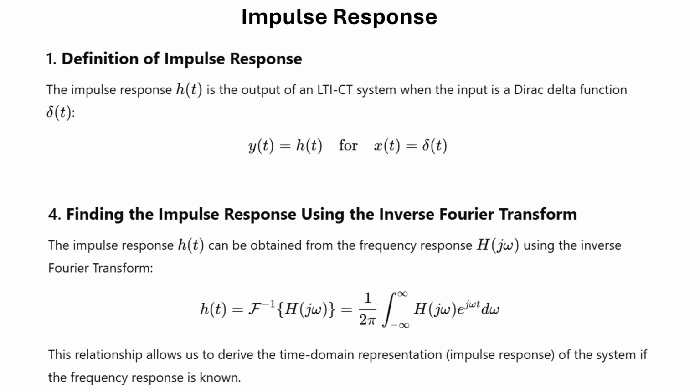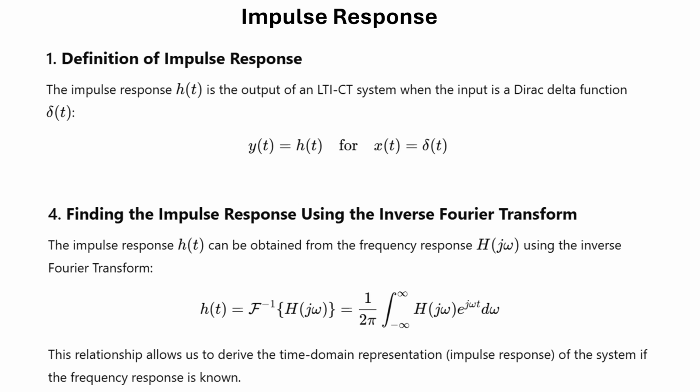Now mostly in our syllabus we are going to talk about two responses. First is the impulse response and second is the unit step response. So first, what do you mean by the impulse response? Impulse response is simply when you have some system h(t), and if your input is delta(t), that is the impulse function, then the output is exactly called the impulse response.